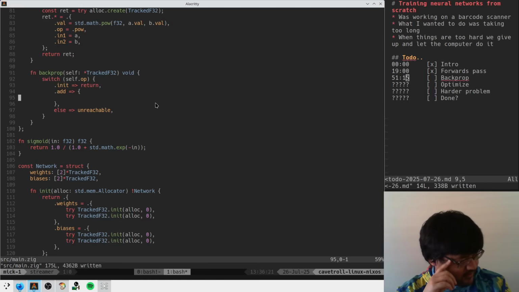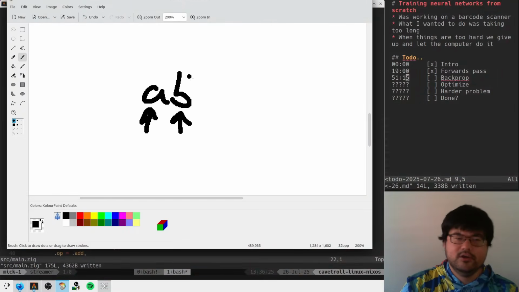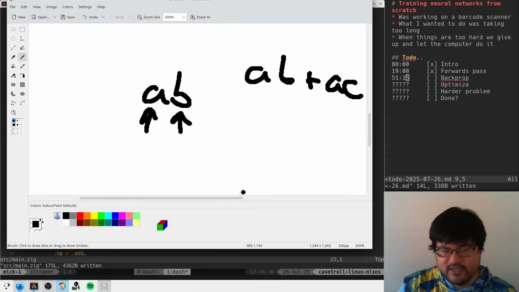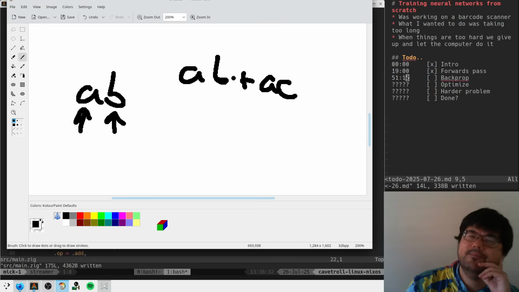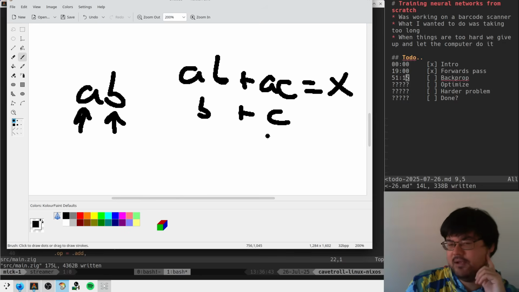I've changed my mind, I think. Okay, so say we have A times B plus A times C as the final output, right? A is contributing to the total answer twice. It's moving it by B plus C every time it moves.